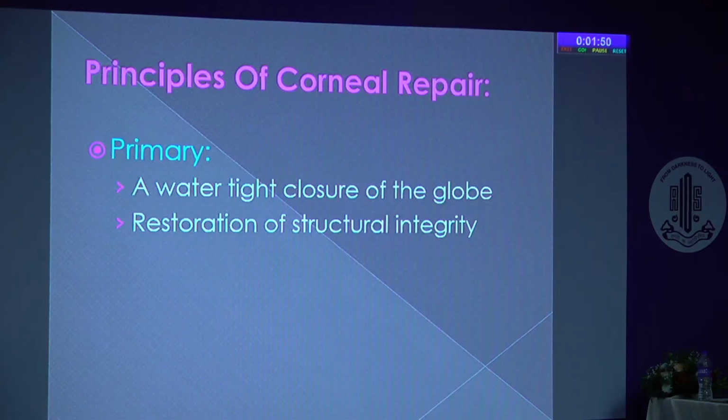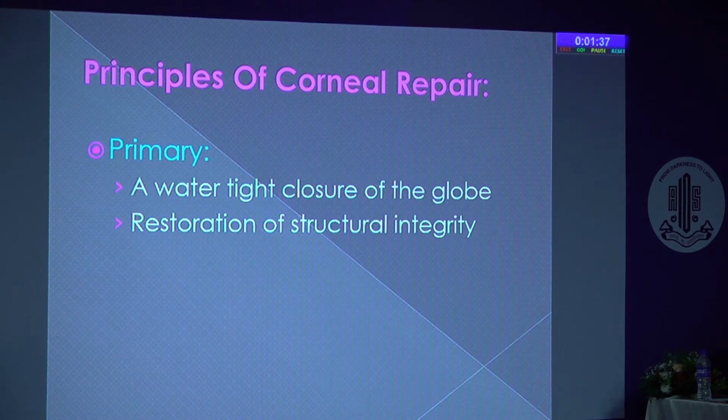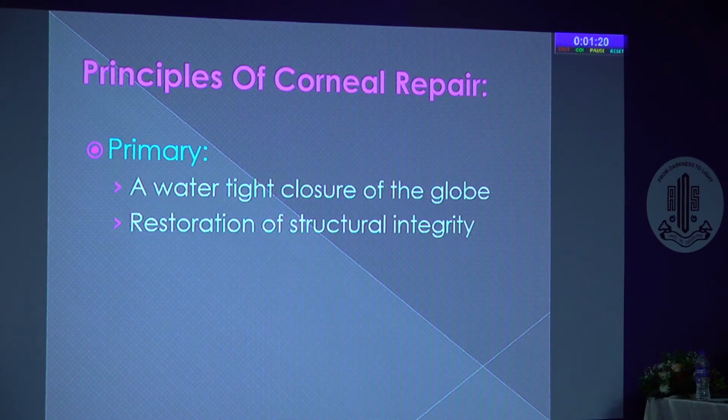Now I'm coming to the exact management. Apart from the beginning or the symptomatic management for the child or anyone having a perforating injury, which is analgesic, antibiotic, patching, atropine, whatever we are doing is the same, but principally we have to correct it by repair of these perforations. So the aim of primary corneal repair is to have a watertight closure of the globe, whatever is possible.